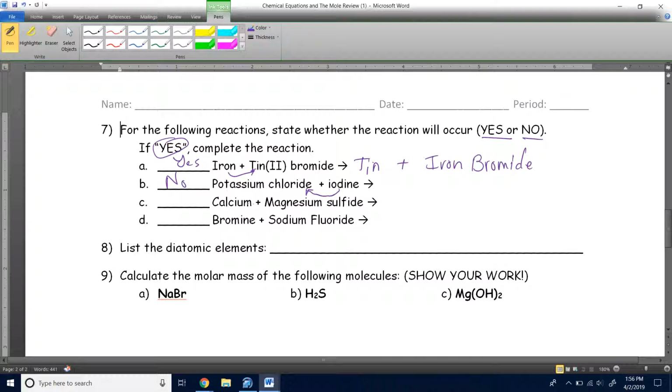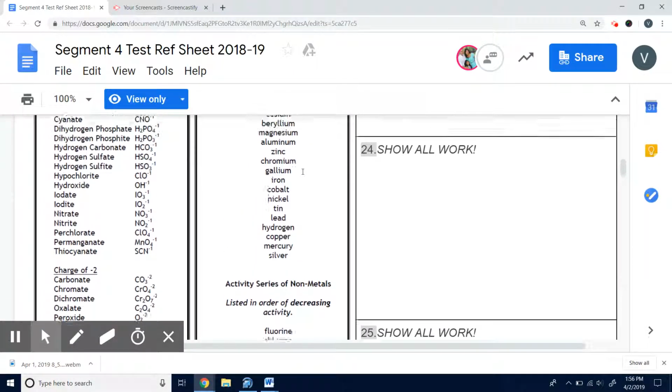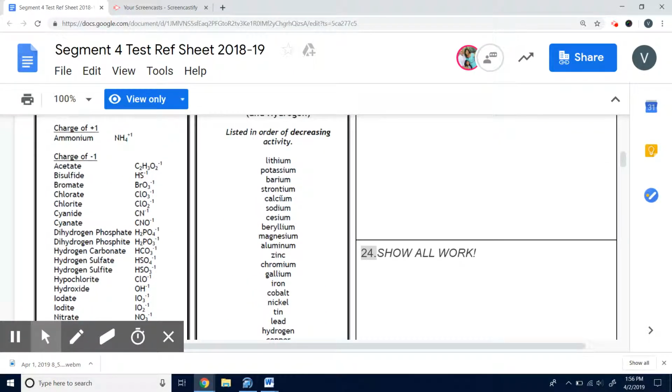All right. So calcium is trying to replace another element here in magnesium fluoride. Is calcium a metal or non-metal? Correct, it is a metal. If calcium is a metal, it's going to want to replace the other metal in this compound, which is magnesium. So again, we look at our activity series. We look up calcium and we look up magnesium.